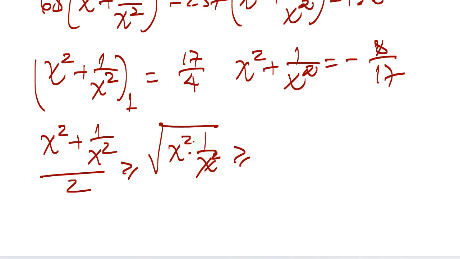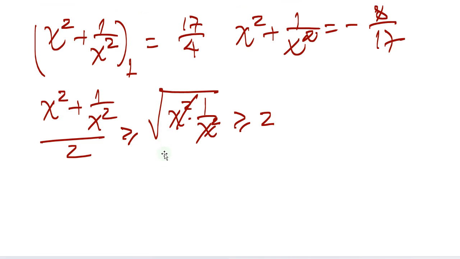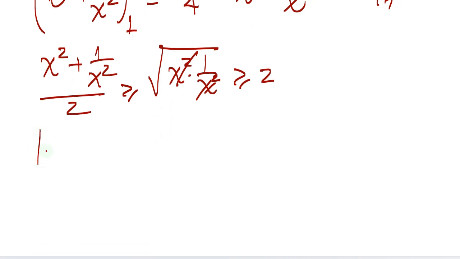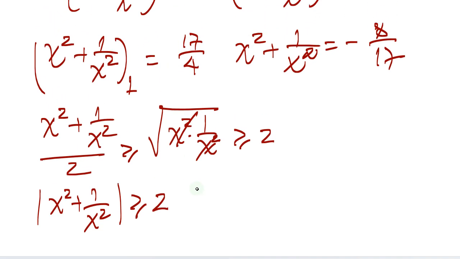Inside the square root we have 1, and 1 times 1 is 1, so it means that x squared plus 1 over x squared will be greater than or equal to 2. Comparing the two of them, the negative one cannot be a solution, so the real solutions are not going to come from this one here. Okay, so let's solve.